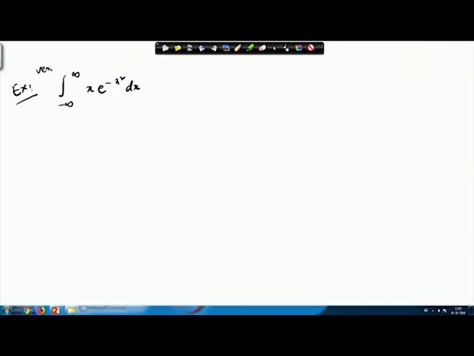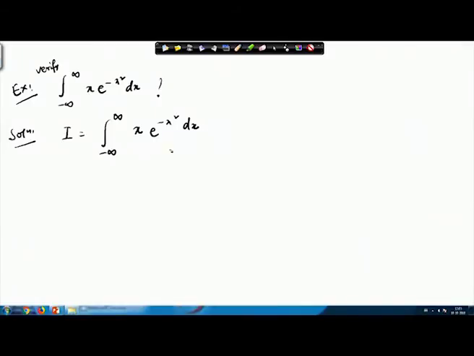So, let us verify the convergence of this integral here. I hope you got the statement of what I am trying to say. So, verify the convergence of this integral. Let us write this integral as I equals the integral from minus infinity to plus infinity of x e to the power minus x square dx.